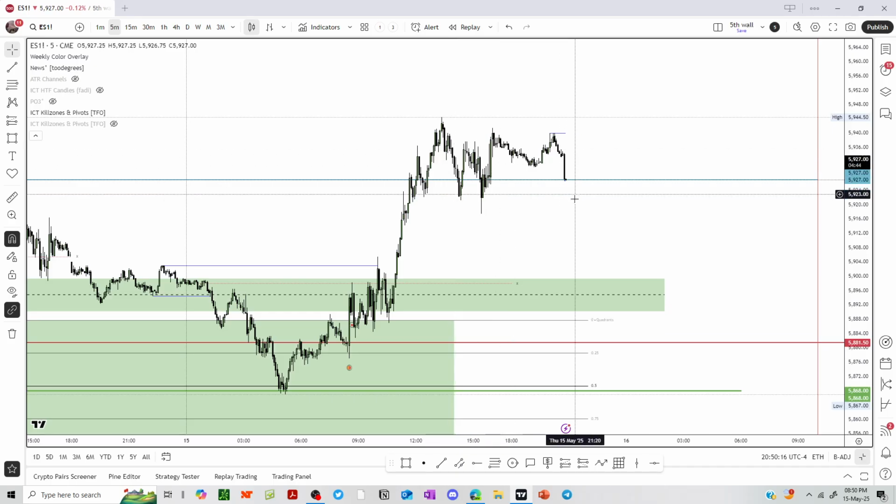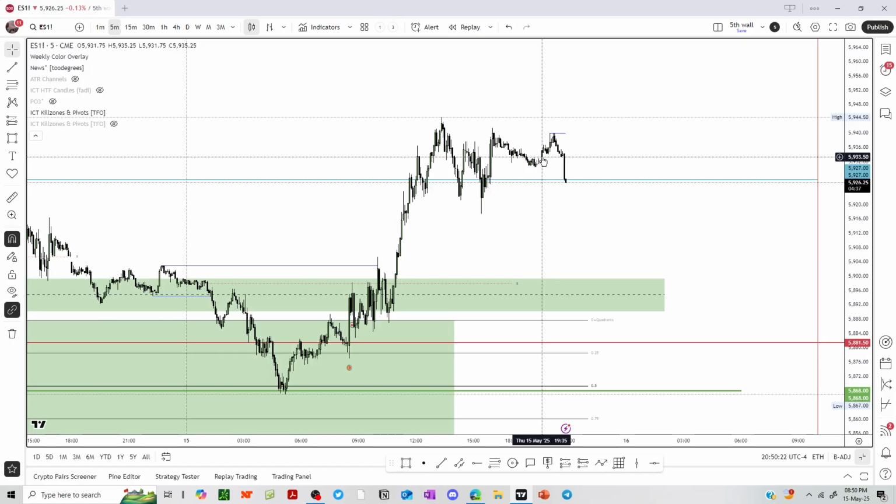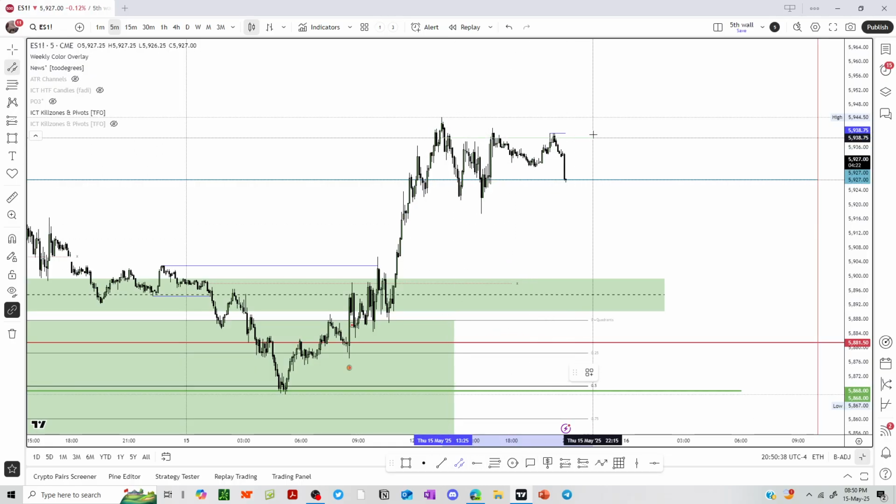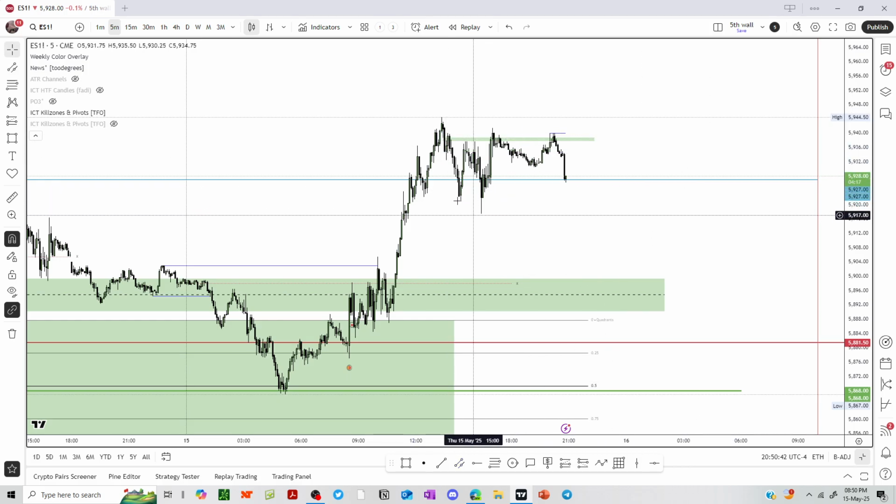So if price does pull back, you want to see it hold above this imbalance here, this inverted fair value gap. But you got a tiny fair value gap here. That's like surgery though. You probably would have missed that, but if that's your thing, you would have seen it quicker, right? Tiny little fair value gap there, but the breaker is strong. The breaker is there.